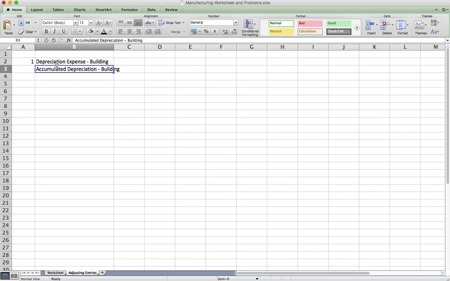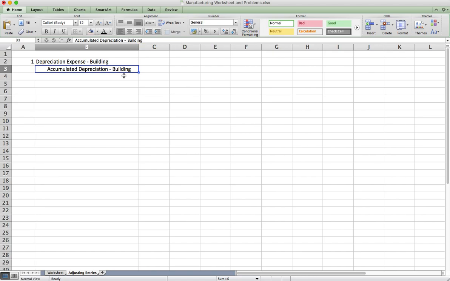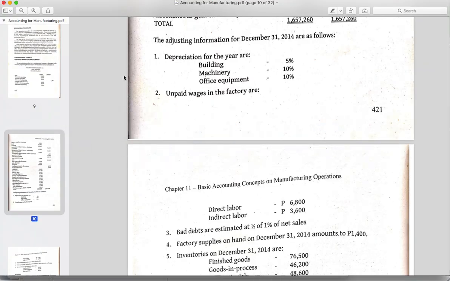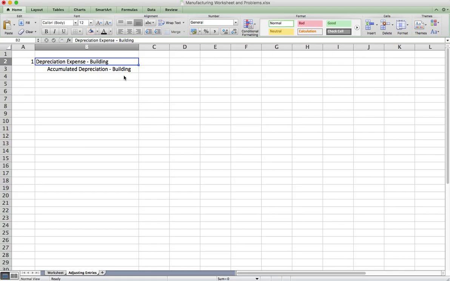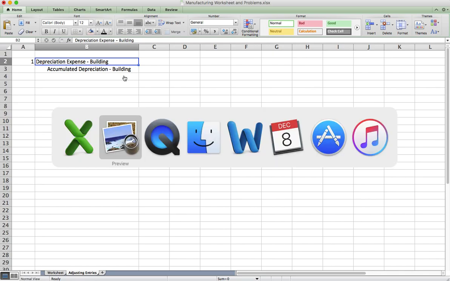Okay. Pag ganyan ang ginawa, excuse lang class ah. Okay. 5% daw ng cost.